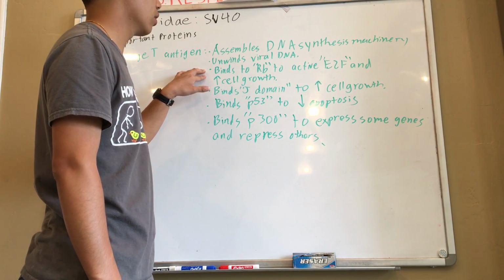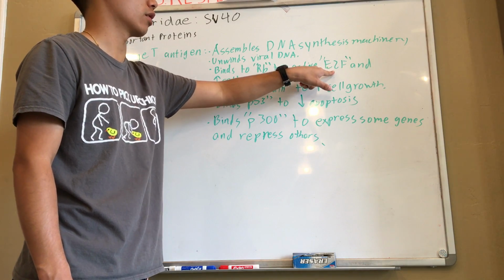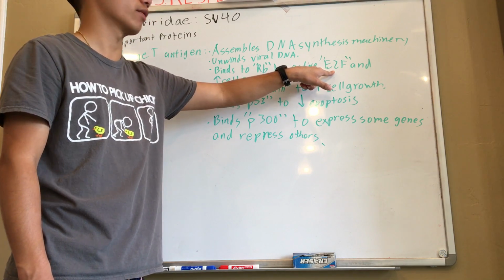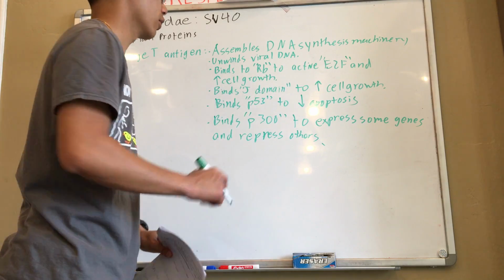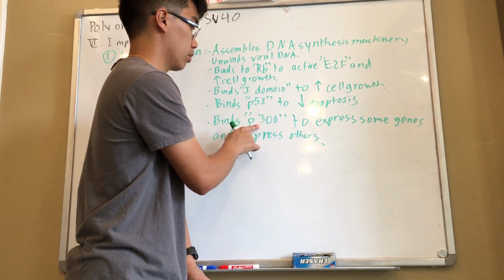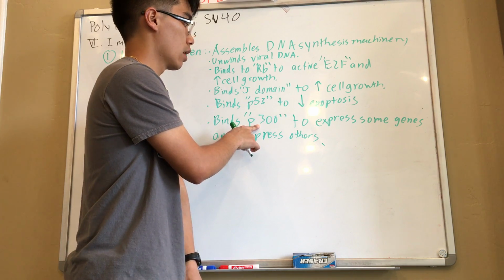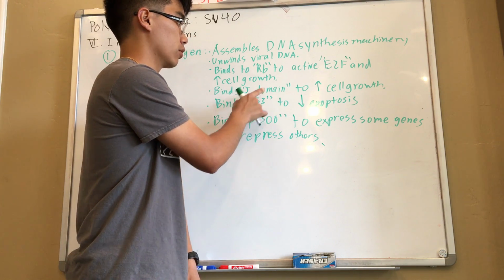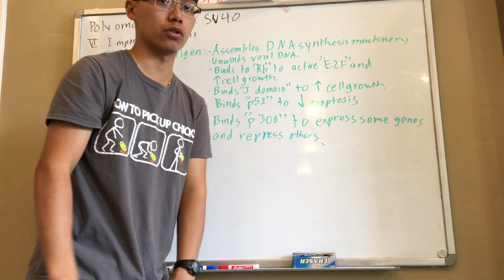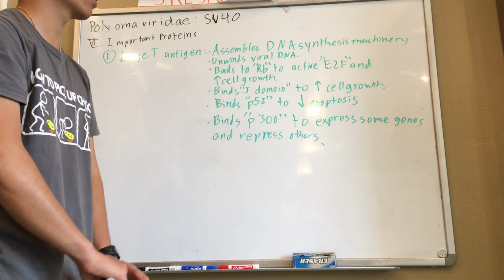Now, it binds to RB, retinoblastoma protein, so that it can liberate E2F so that it can increase cell growth. So these proteins right here, RB, E2F, J domain, P53, P300, are all in the cell. These are cell proteins. And essentially what these cell proteins do is they tell the cell to stop growing and dividing, to stop DNA synthesis.